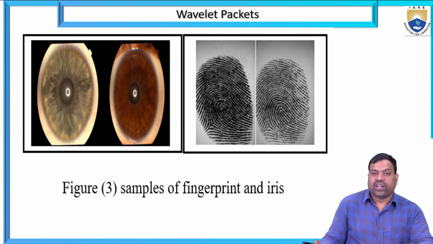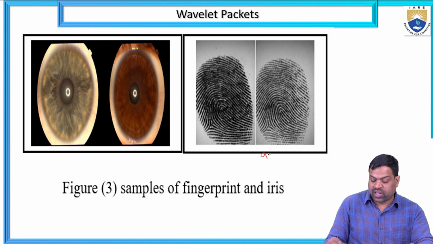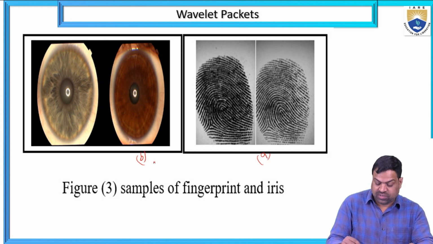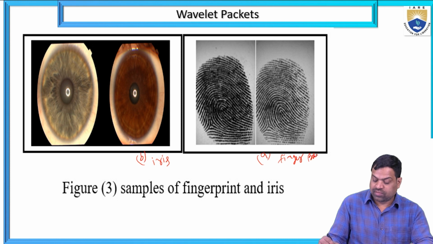So it is another example of samples of fingerprint and iris. Fingerprint means it is the fingerprint and these are the iris. So it is the input fingerprint and it is the output fingerprint.